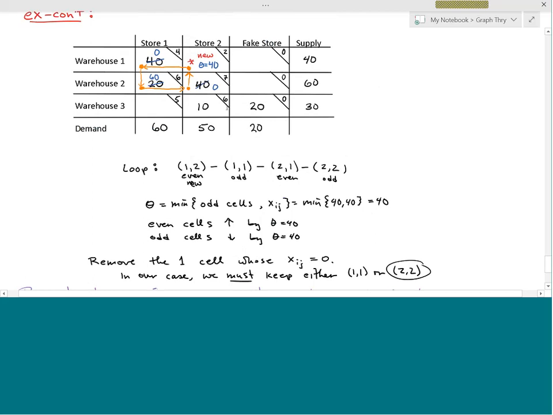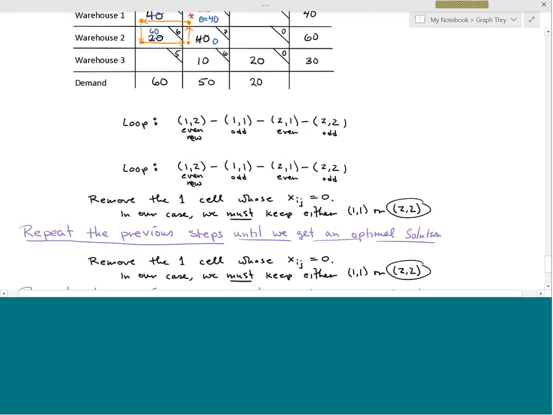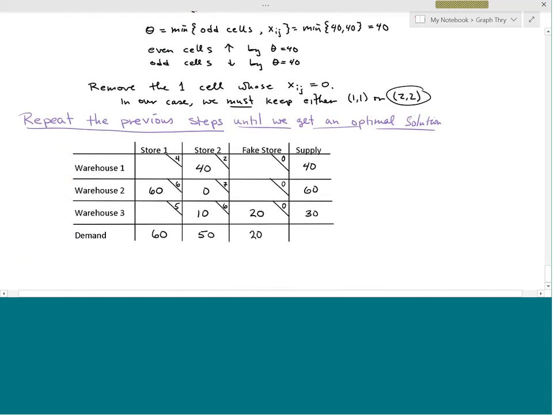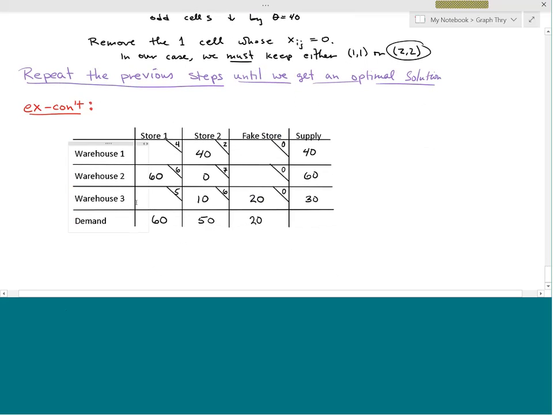So what does this mean for us? This means at this point in time, we now have a new solution. It is no longer the initial solution, but notice what happened. These 4 cells now were adjusted by what we just did. We kept the 0 here because we were keeping the cell 2 in our solution, but the cell 1 was the edge that we removed.